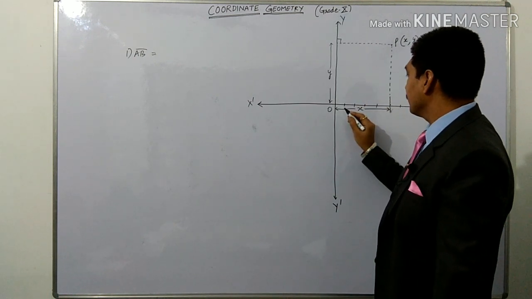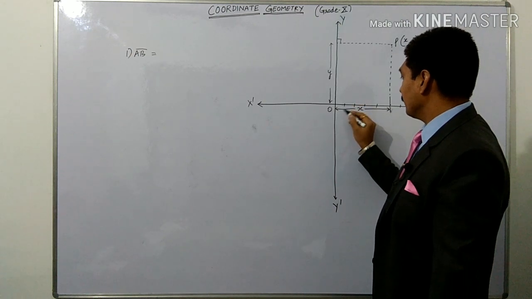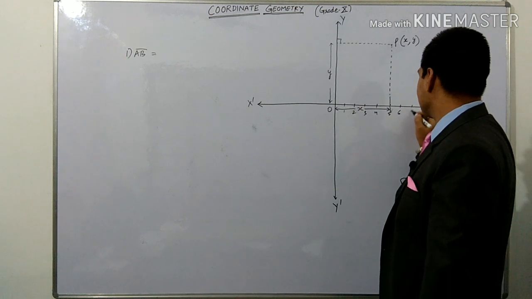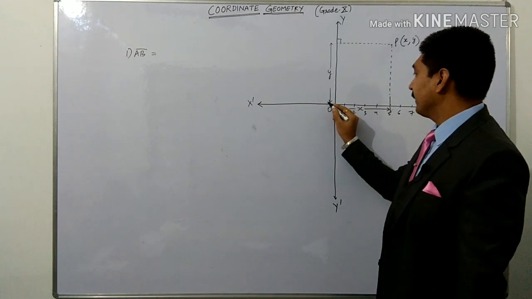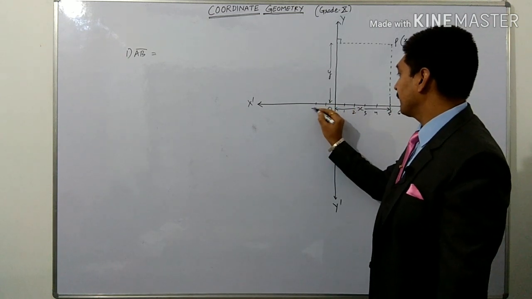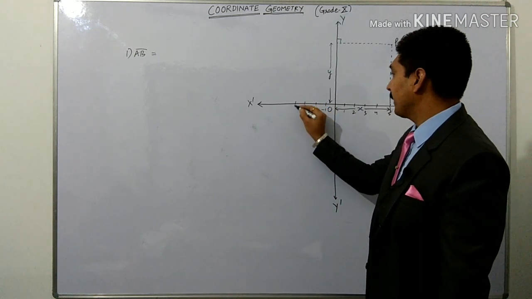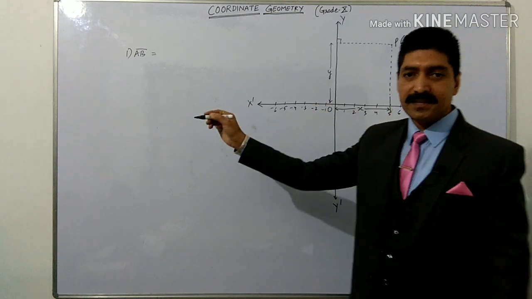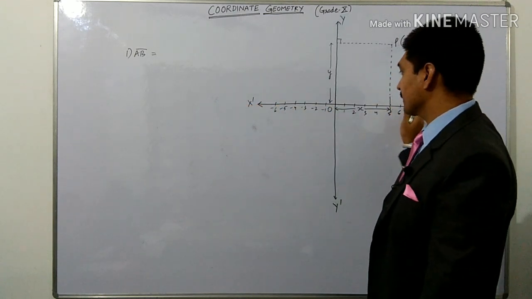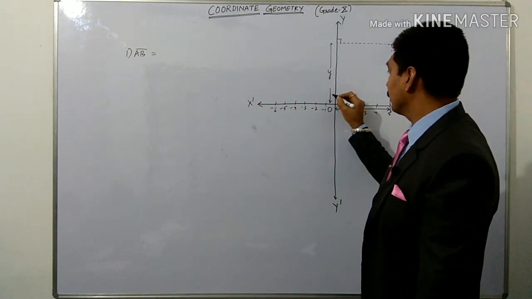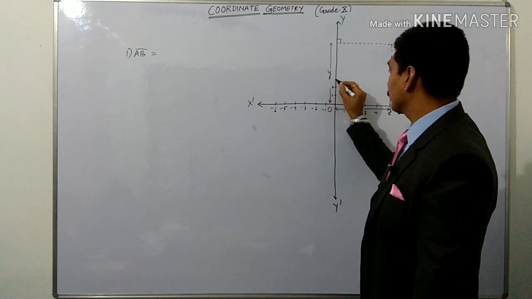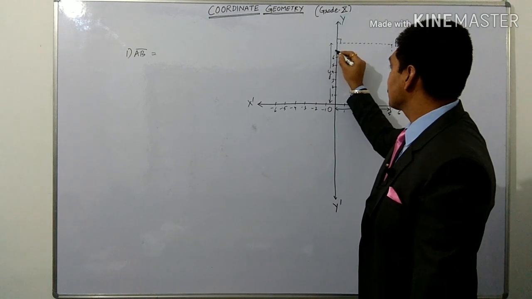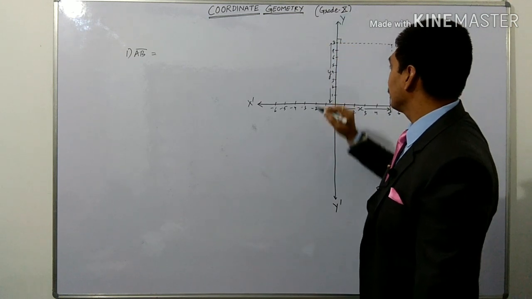Here the coordinates are on x-axis 1, 2, 3, 4, 5, 6, 7, 8, so on, and this side -1, -2, -3, -4. On graph, negative side, negative axis, and the positive axis. Same hand here, 1, 2, 3, 4, 5, 6, 7, and 8, so on.